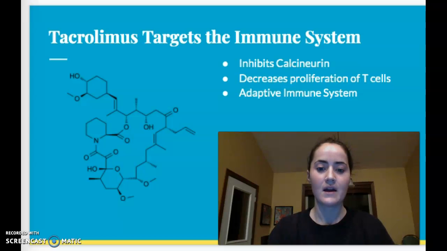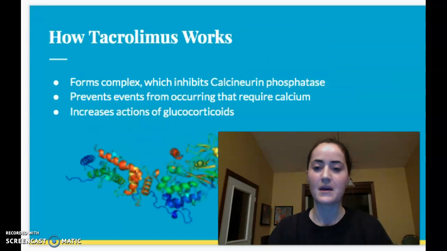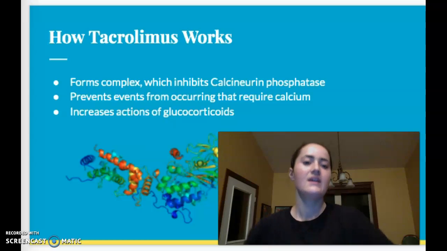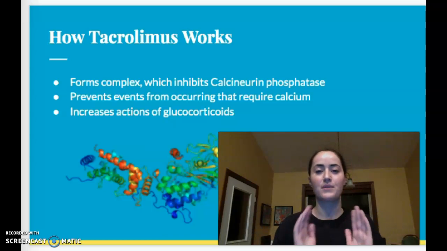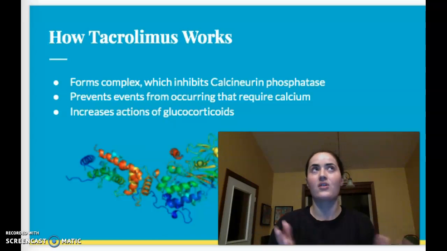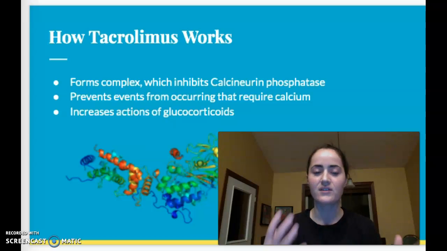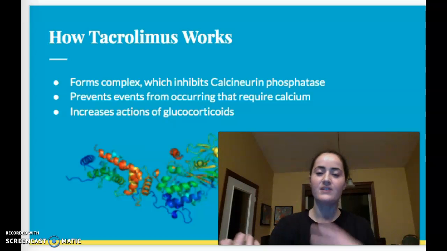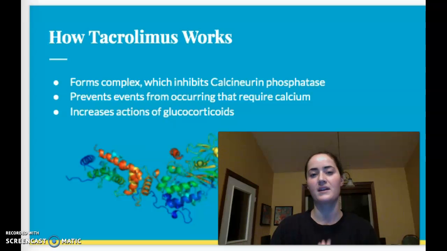Now let's look at the specific mechanism of how this occurs. Tacrolimus is going to bind to what's called immunophilin, and it creates a complex. This complex of immunophilin and tacrolimus is going to inhibit calcineurin phosphatase, which is an enzyme.